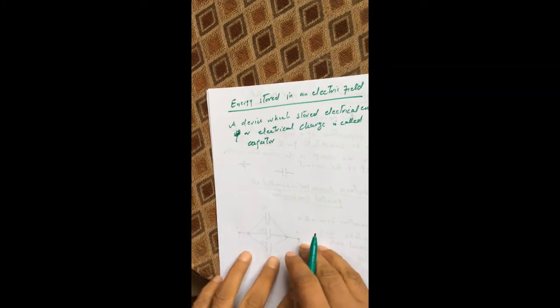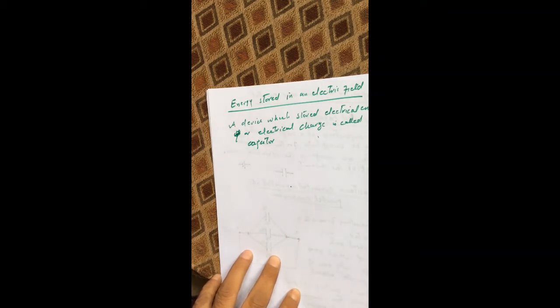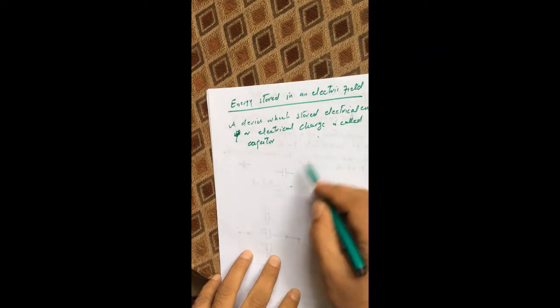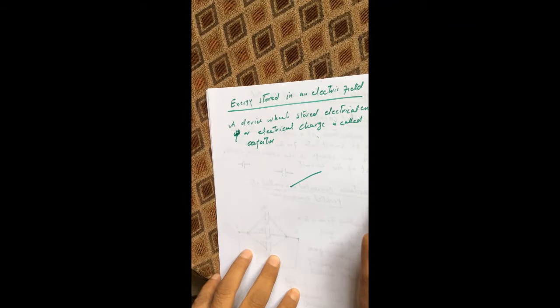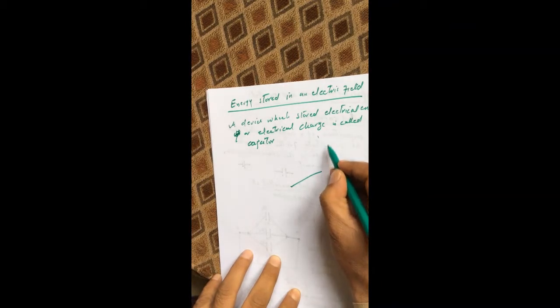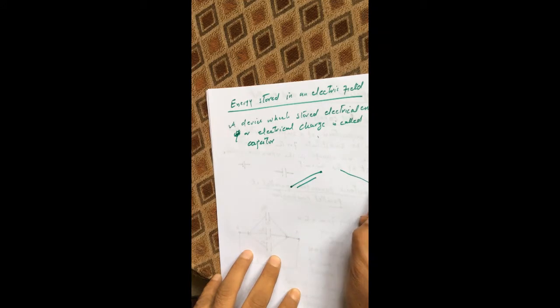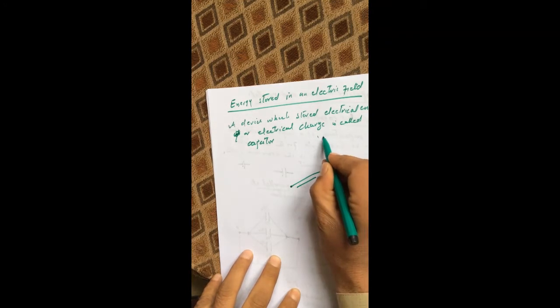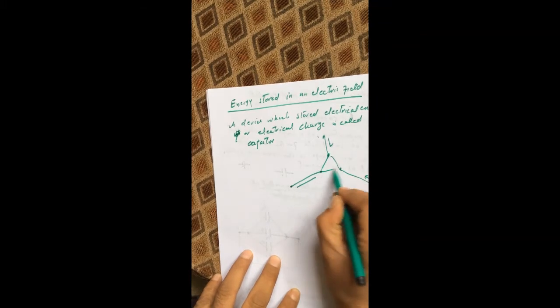First I will explain the concept which we already discussed before. Suppose we have charges which are situated at infinite distance from each other. Now if we bring these charges close to each other, like this charge I move from here to this point, and this charge I move from here to this point, then what will happen?